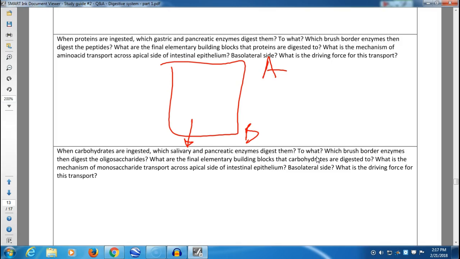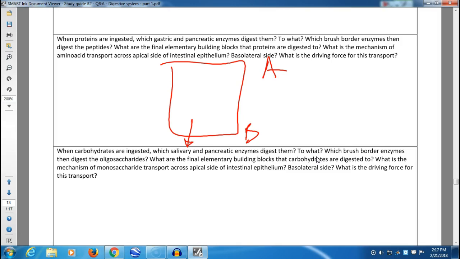Carbs, what are they digested to? Monosaccharides. How do monosaccharides get into epithelial cells? Secondary active transport. And then what happens to them later? They diffuse into the blood, as do amino acids, by facilitated diffusion. Does that make sense?